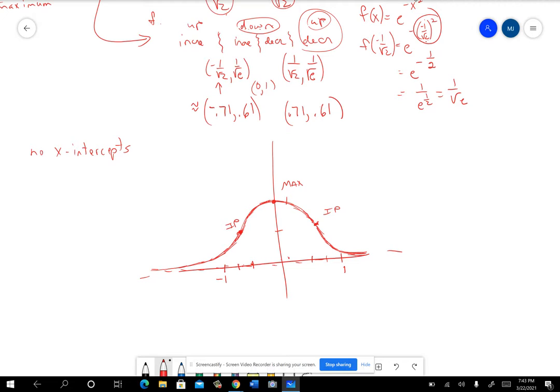The slope values are getting less and less negative. So it's decreasing and concave up when you're there.